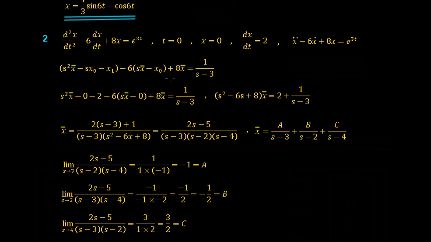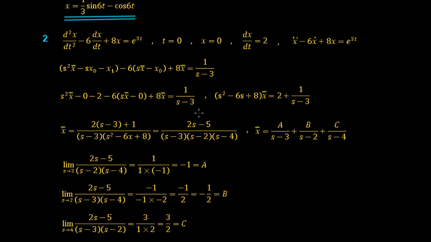We then put in the initial conditions for x0 and x1, so x0 is 0 and x1 is 2. That gives us s squared x bar minus 0 minus 2 minus 6 times sx bar minus 0 plus 8x bar equals 1 upon s minus 3.